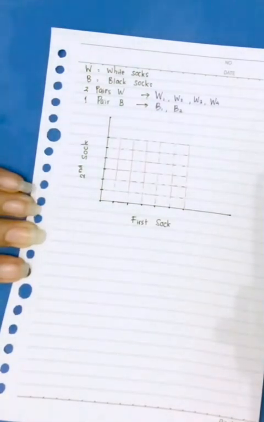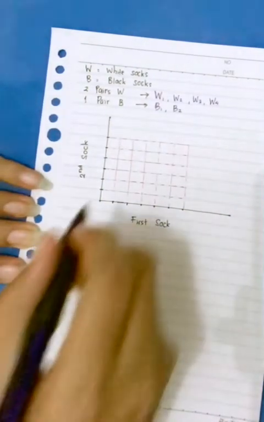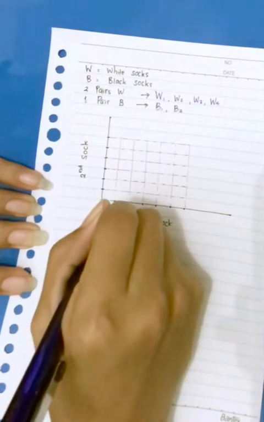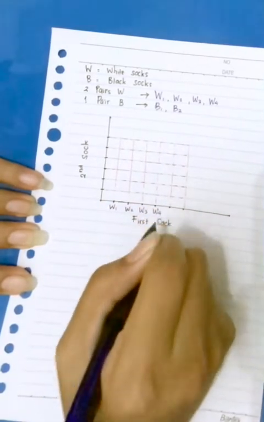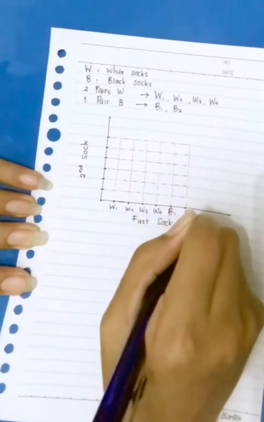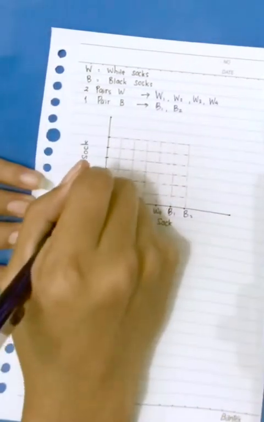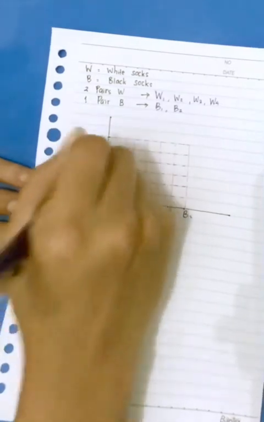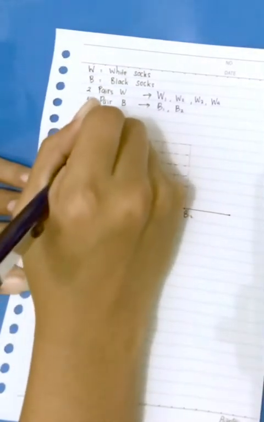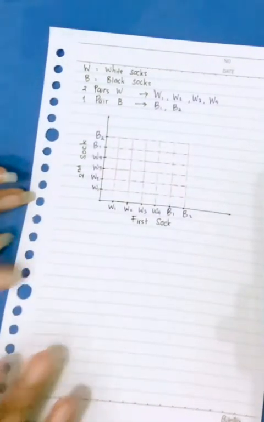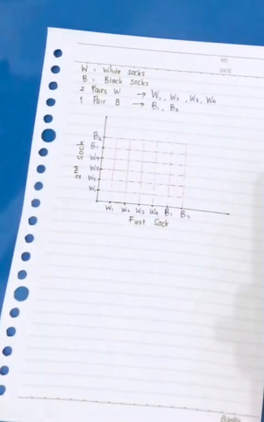So in the possibility diagram, we can complete it here: W1, W2, W3, W4, B1, B2, and the same here, B1, B2. It means we are done with the first sentence.